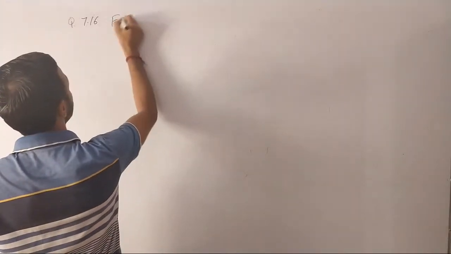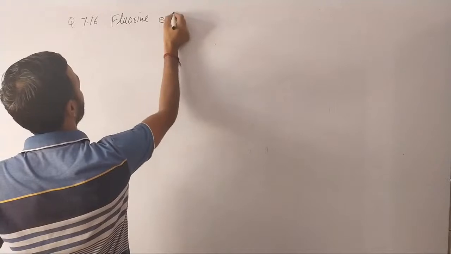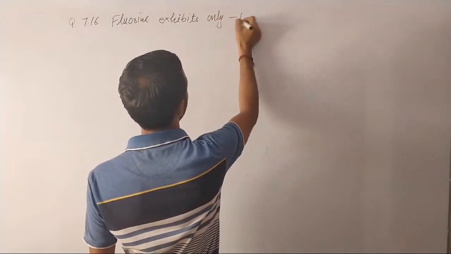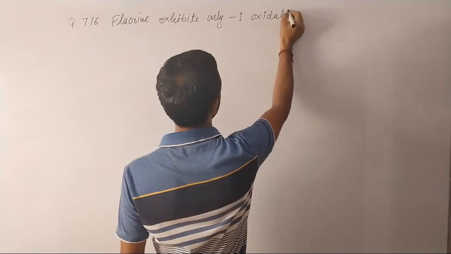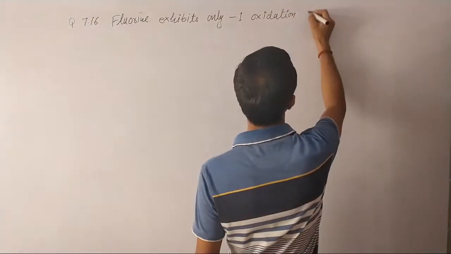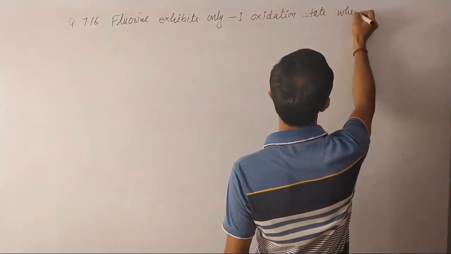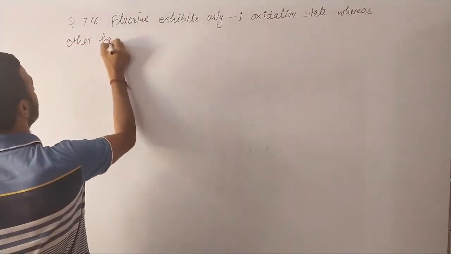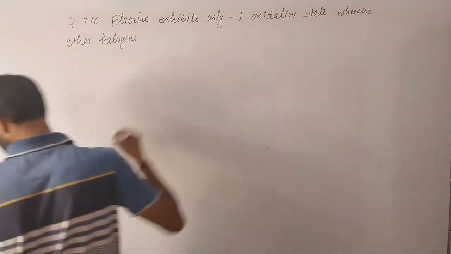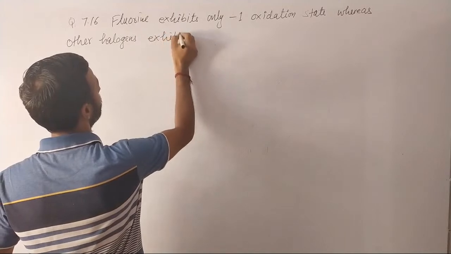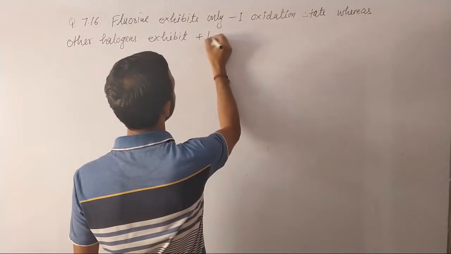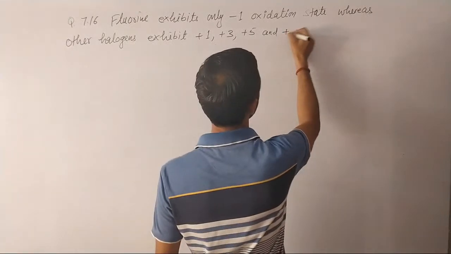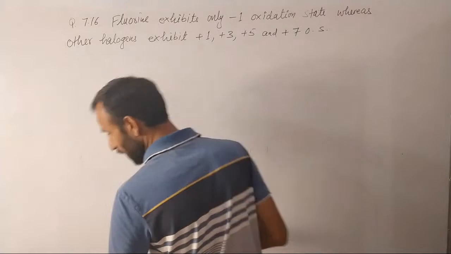Fluorine exhibits only -1 oxidation state whereas other halogens exhibit +1, +3, +5 and +7 oxidation states.